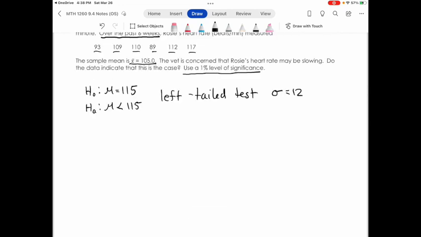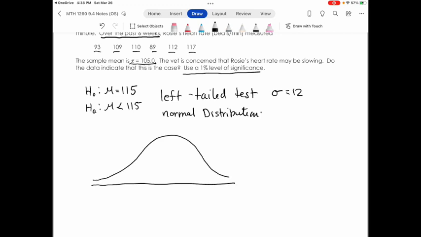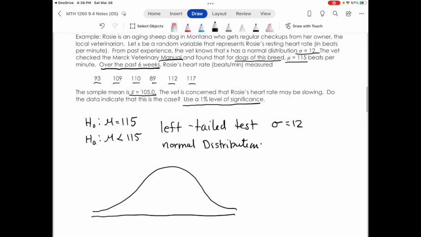All right, now, when we're doing this, because we were given the population standard deviation of 12, we know that we're going to use a normal distribution. And we're doing this for a sampling distribution because it's talking about taking samples and the mean of that sample.